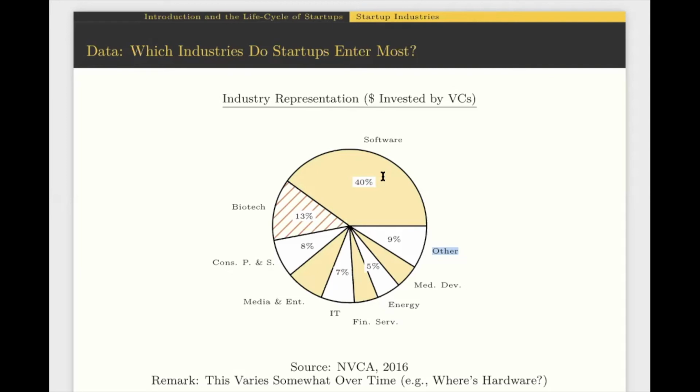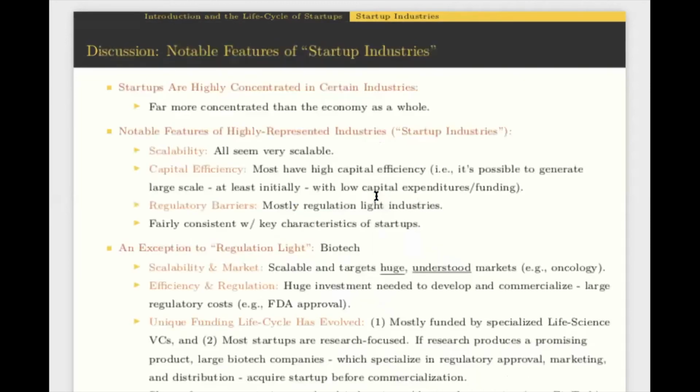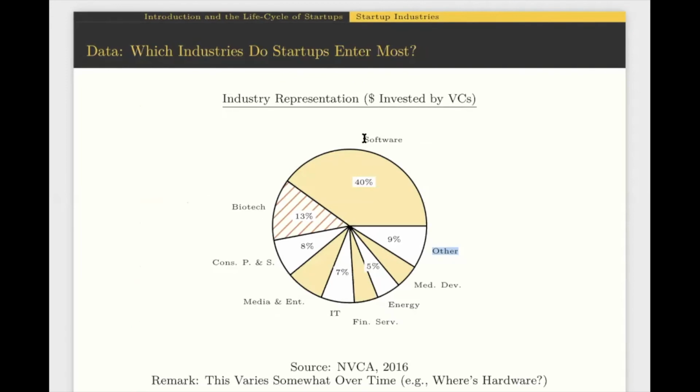If you look at an announcement by Intel on a new project they're undertaking or a new production facility that they're building, these are multi-billion-dollar projects. And so something that's that capital intensive is difficult to fund as a startup. So you tend to see more industries like software, where generating an initial product can be done relatively cheaply.